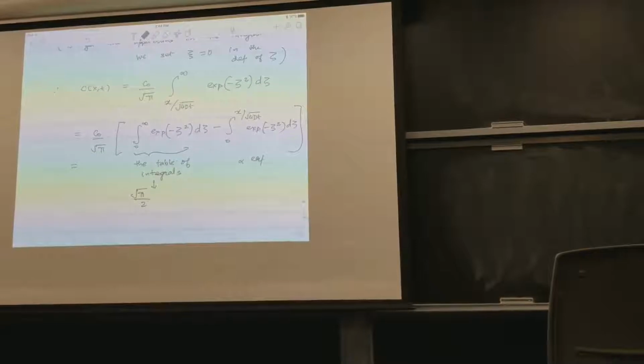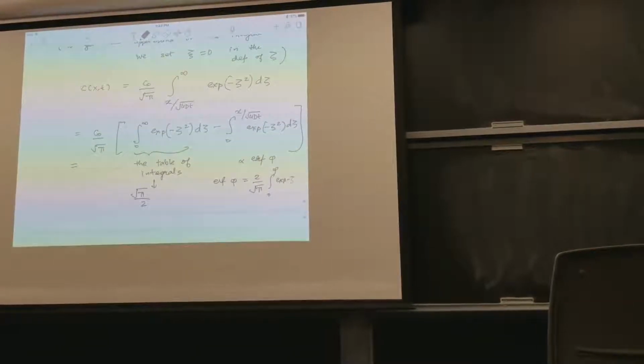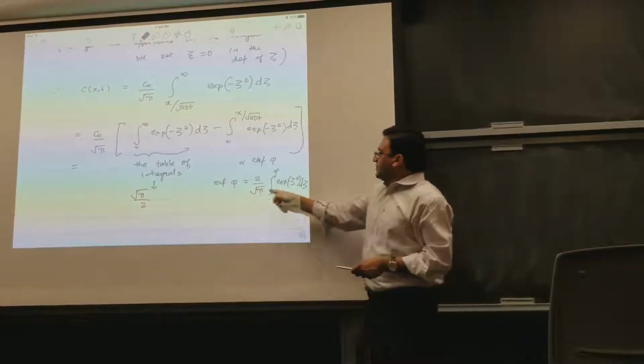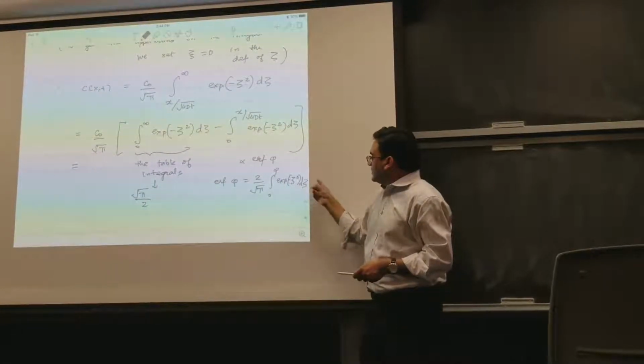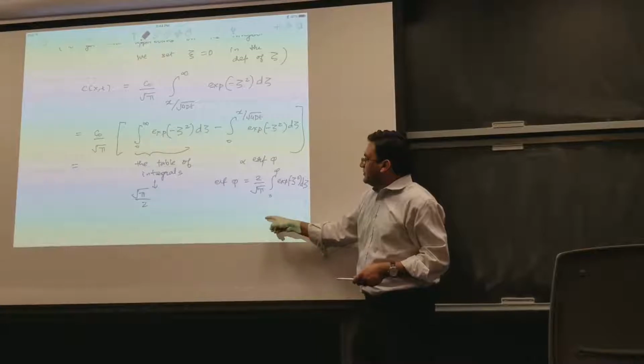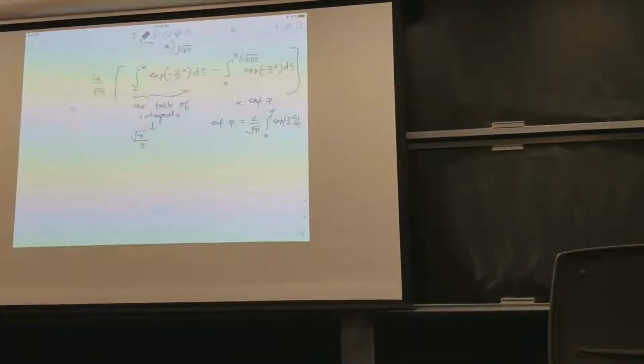And the other one is called the error function, where erf of v is just 2 over root pi, integral from 0 to v of exponential of minus zeta squared d zeta. And the other way to write this would be the integral from 0 to whatever v, divided by the integral from 0 to infinity of the same exponential.